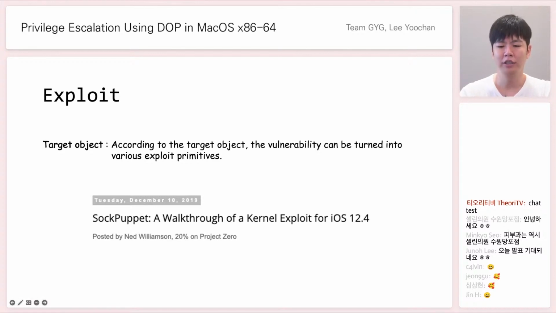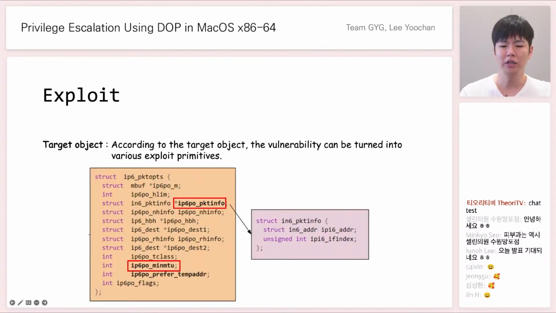The post introduced one use-after-free vulnerability and the details about its exploitation. Coincidentally, this vulnerability was exploited using DOP. Here is the object, which is the vulnerable object for the use-after-free bug.